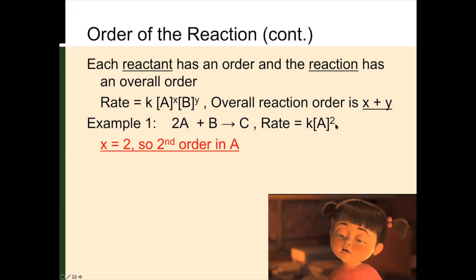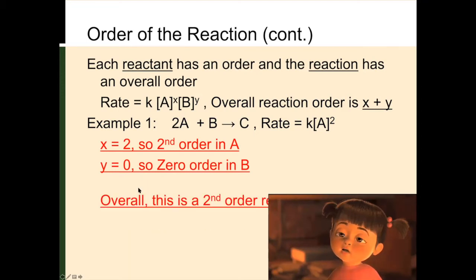So another way of thinking about that is, it's like this is multiplied by 1, which, remember, came from the fact that the concentration of B must have an exponent of 0. So that means that it is 0 order with respect to B. And so since the overall reaction order is just the sum of the two, the overall reaction order is also 2 plus 0, which equals 2.